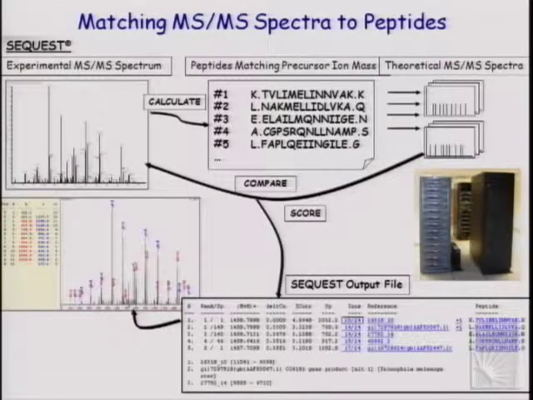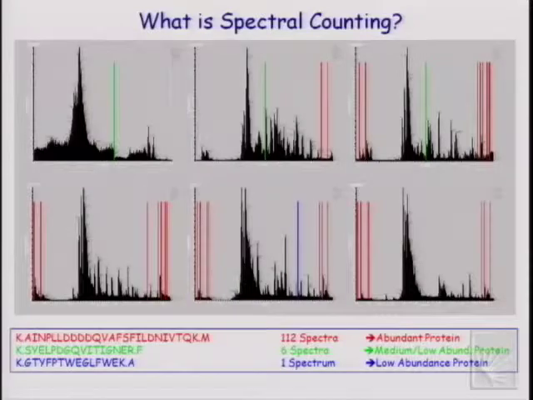We're going to use the number of actual tandem mass spectra that correspond to a particular protein for all of our quantitative analysis. Here is a 6-step MudPIT analysis of something, I don't know what anymore. But you can imagine the idea: here is perhaps one spectrum from one peptide that showed up. That would be a very low abundance protein.